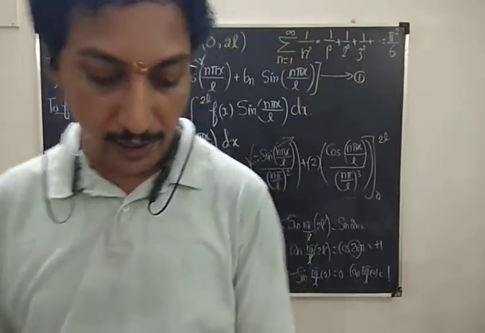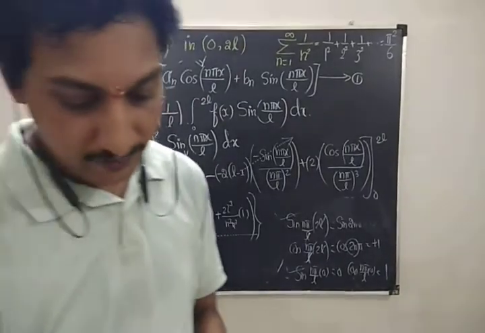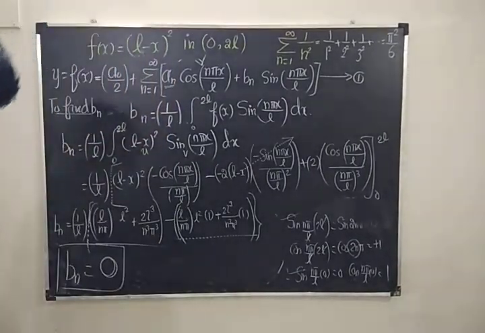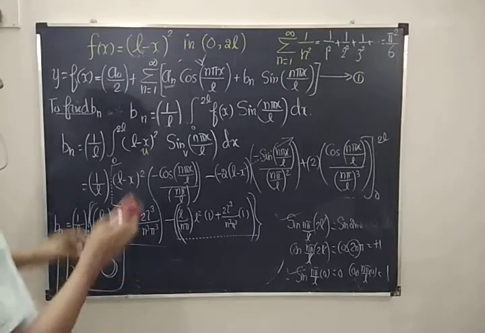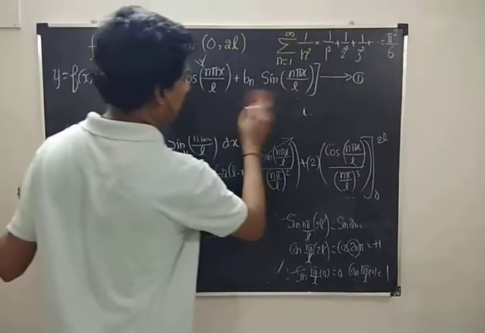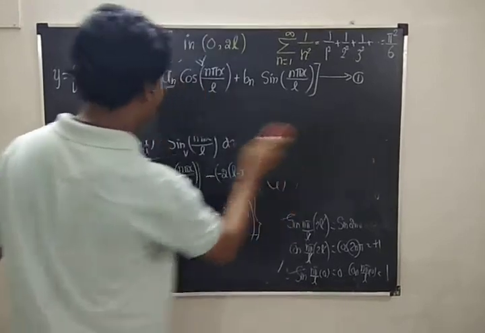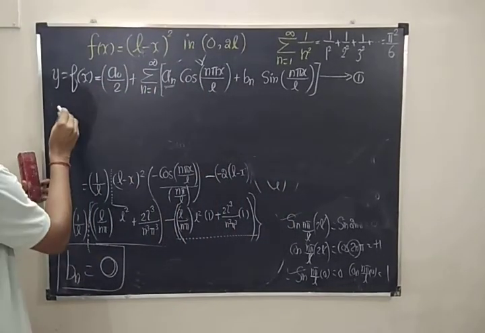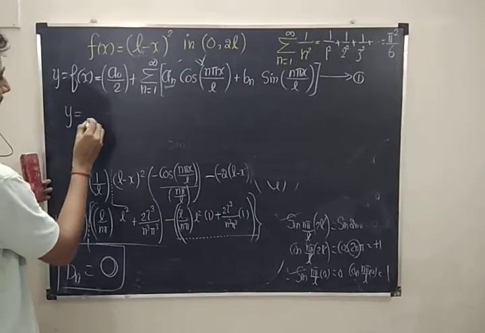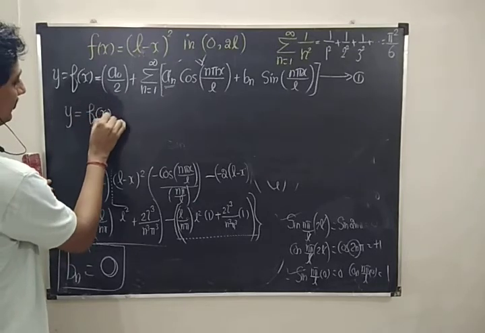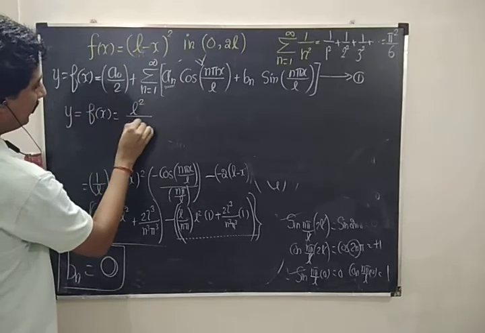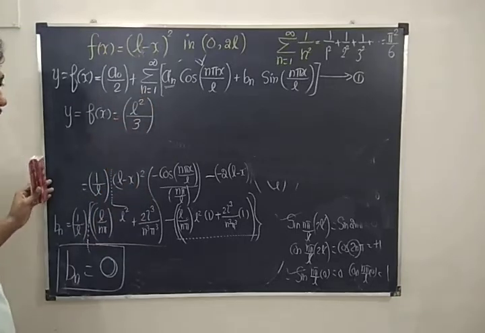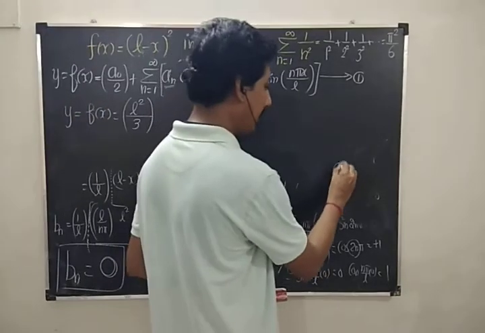Let us substitute the A naught, An and Bn values. We will get the required Fourier series. What about the A naught value? 2L squared by 3, isn't it? So let us substitute the values. y is equal to f of x is equal to A naught by 2, so L squared by 3, because A naught is 2L squared by 3.